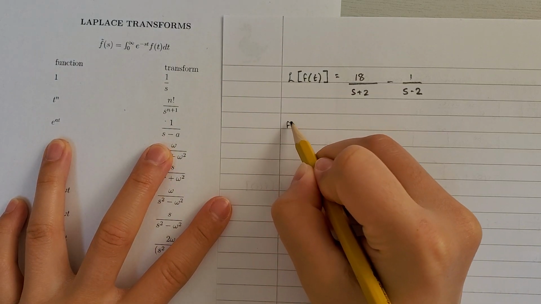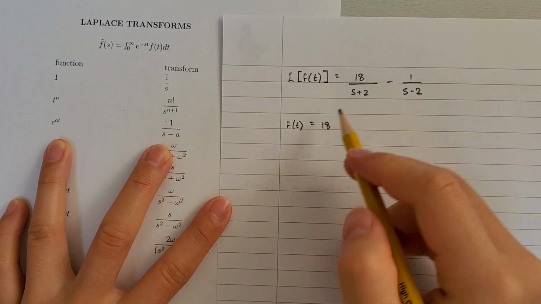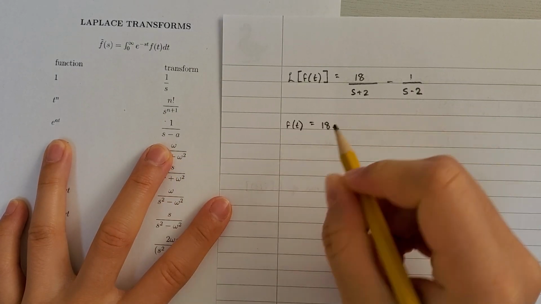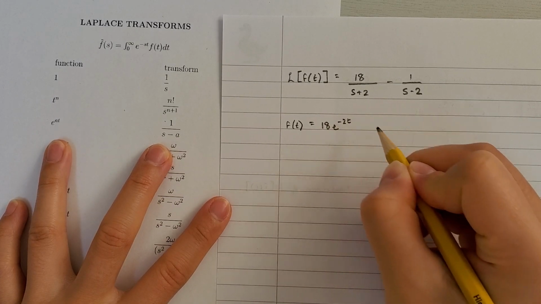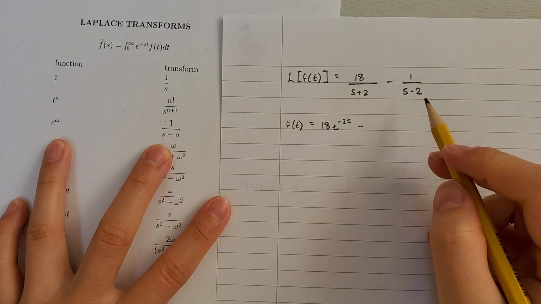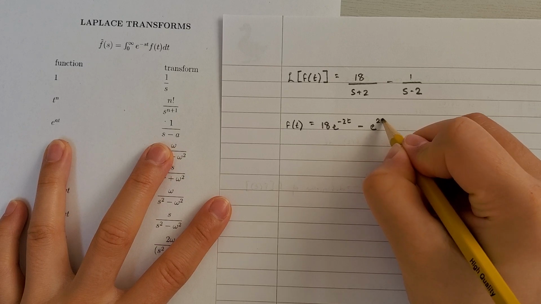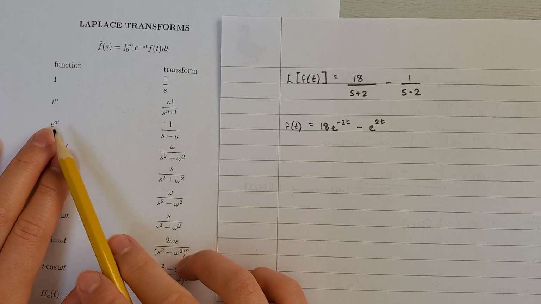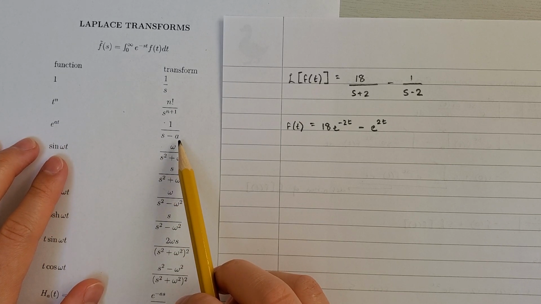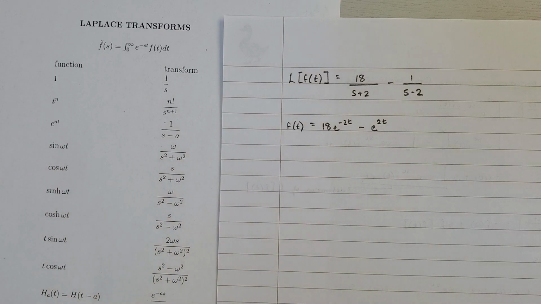So the function will be 18e to the negative 2t minus e to the 2t, because we have to pay attention to the positive a here and the negative a here. So that's how you would use Laplace transforms to solve first order ordinary differential equations.